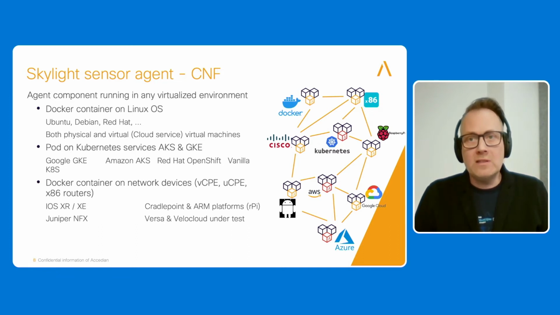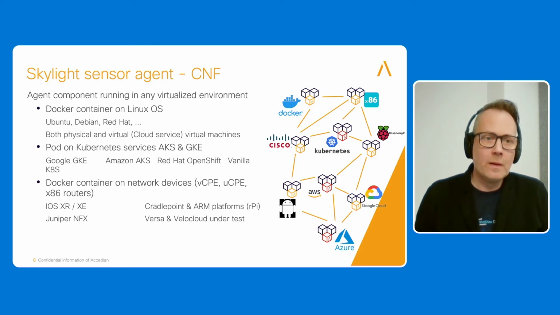And once the test is finished, you can destroy the container and redeploy with a different agent that performs a different type of test. So we do this to minimize both the amount of processing that we use, but also the footprints in the network. So you only have the tests deployed that you are actually going to use.